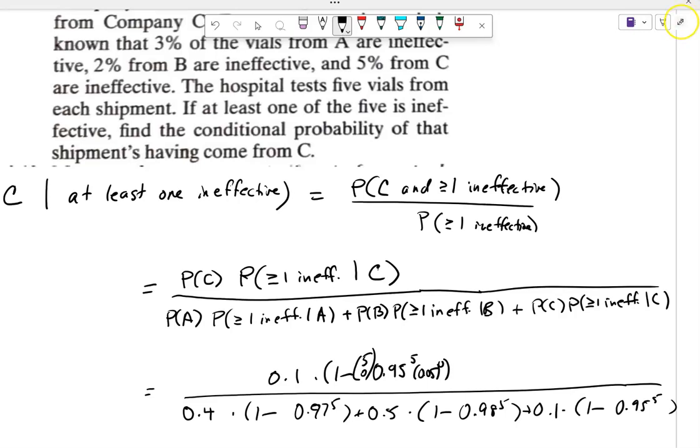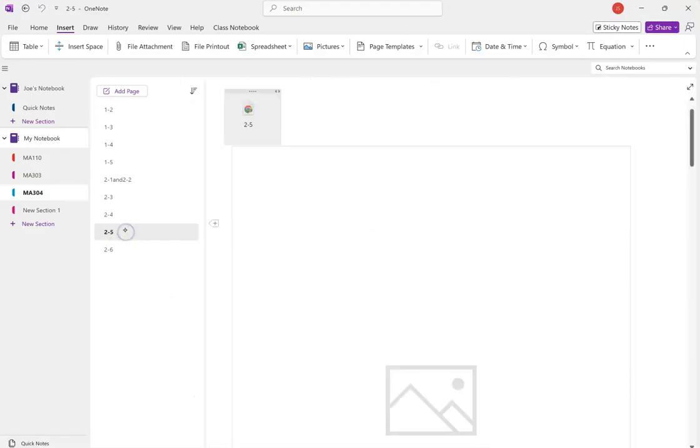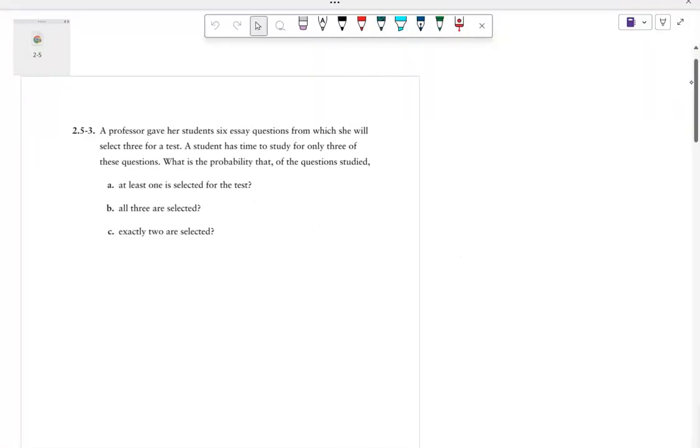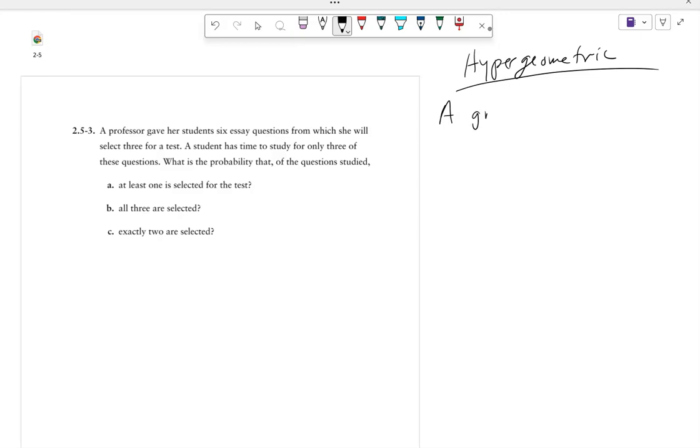So remember, for your hypergeometric, you have a group of, I'll just call it little n objects, split into 2 subgroups.